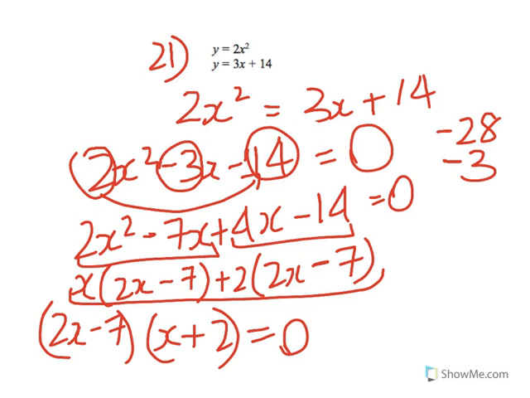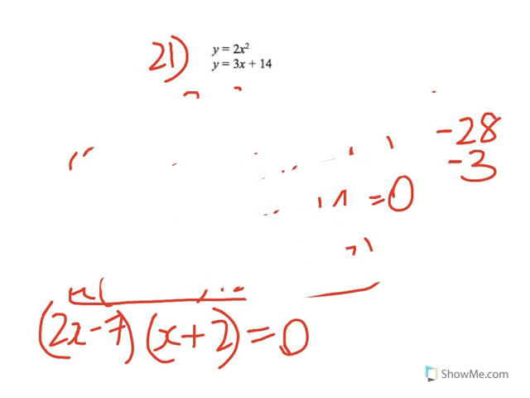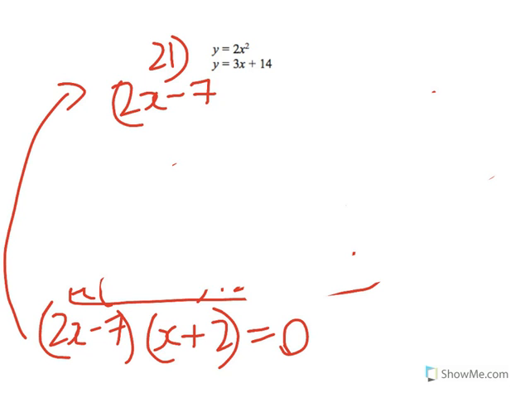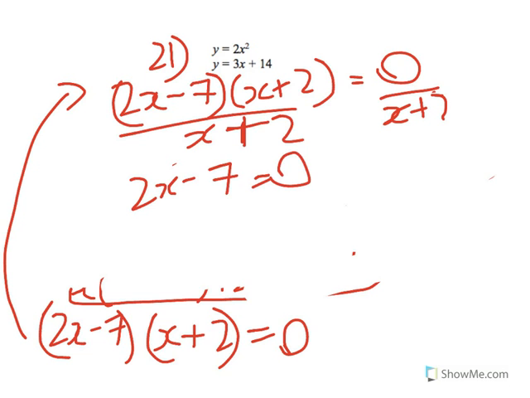So that means, wait, I'll actually erase all of this and continue above. Okay, so what this means, I'll continue up here. If I divide both sides by x plus 2, it's going to be 2x minus 7 is equal to 0.